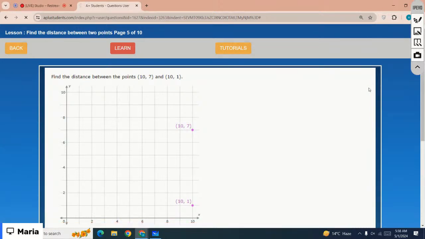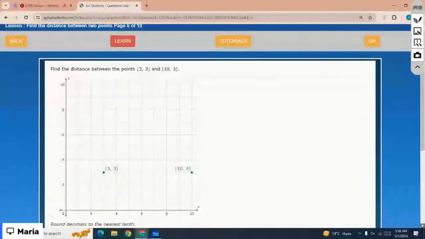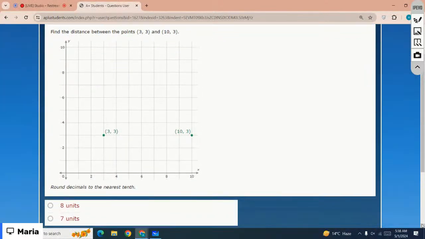Find the distance between the 2 points. Okay, find the distance between the points 3, 3 and 10, 3. Which is the correct option?